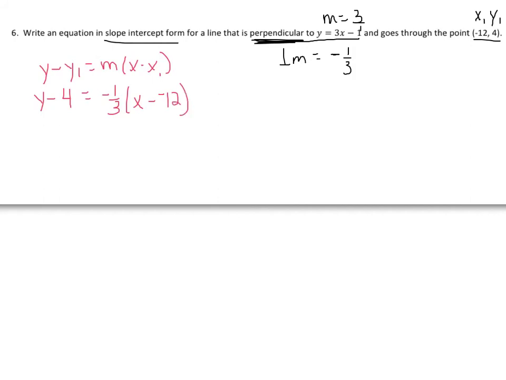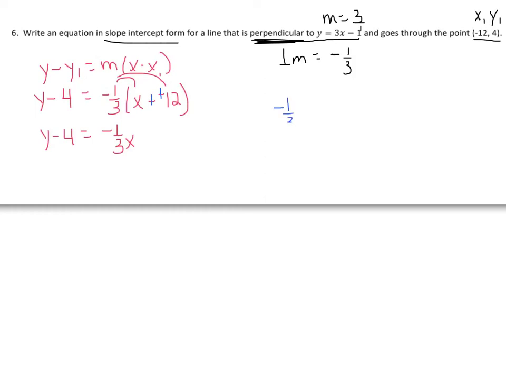Now let's go ahead and get that into slope-intercept form by distributing and moving everything over to the right side. So we've got y minus 4 equals, distribute that negative 1/3, so negative 1/3 x. Okay, and now here's the hard part. Negative 1/3 times 12. I'm going to write that over here.